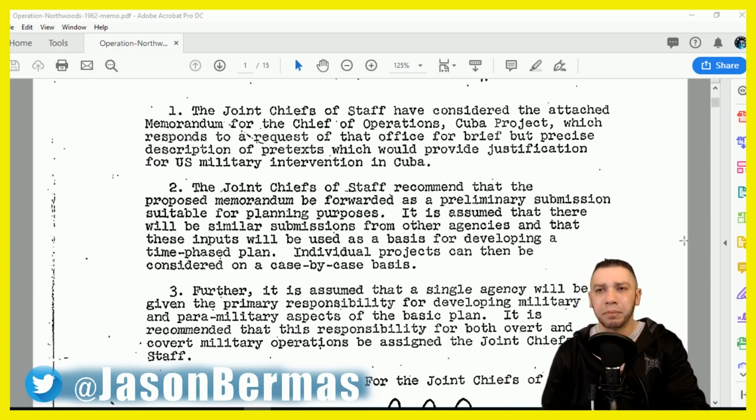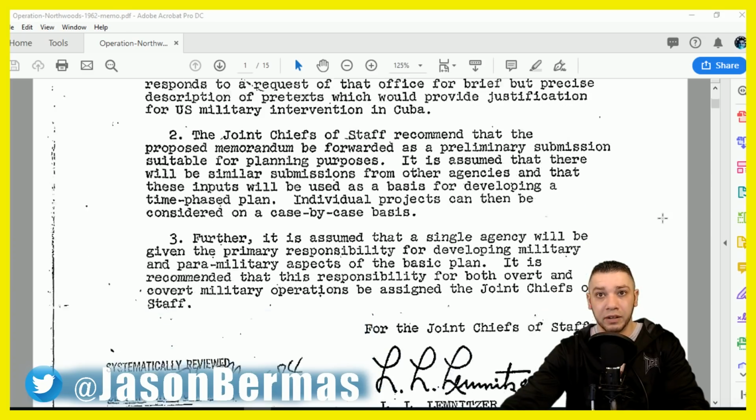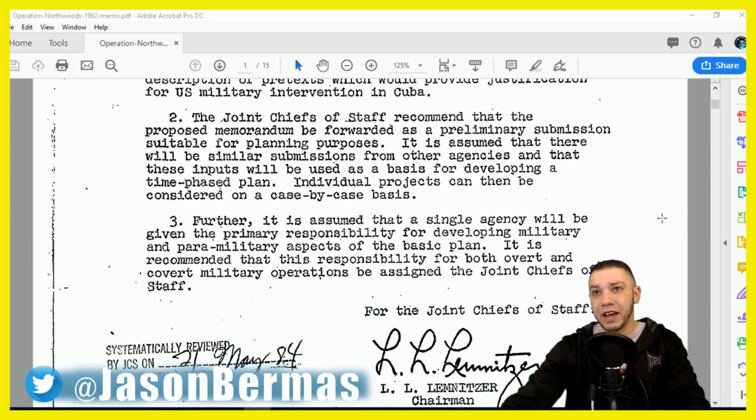How do we get the public to want to invade, which would provide justification for U.S. military intervention in Cuba? The Joint Chiefs of Staff recommend that the proposed memorandum be forwarded as a preliminary submission suitable for planning purposes. So we're going to go over all this stuff. Let's see what we can plan out.